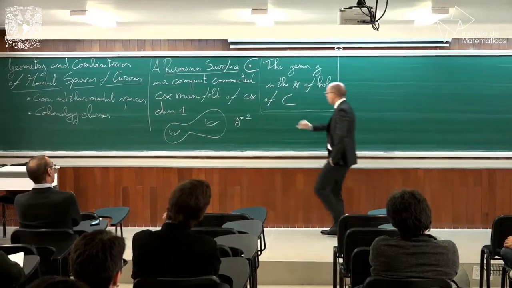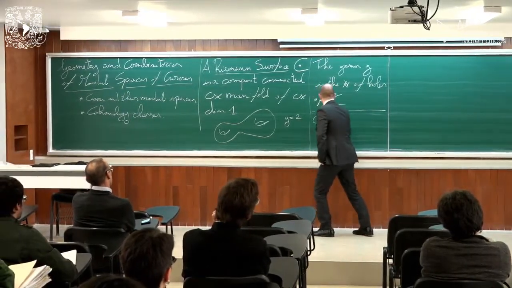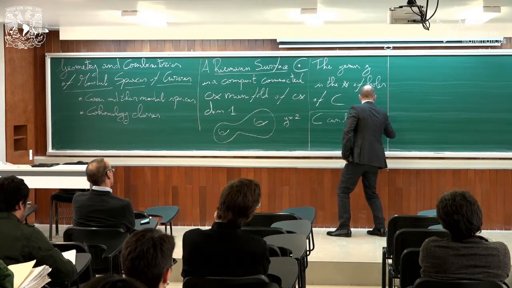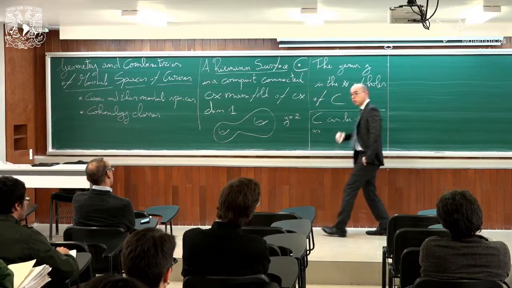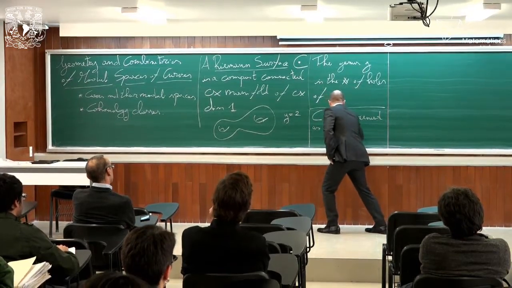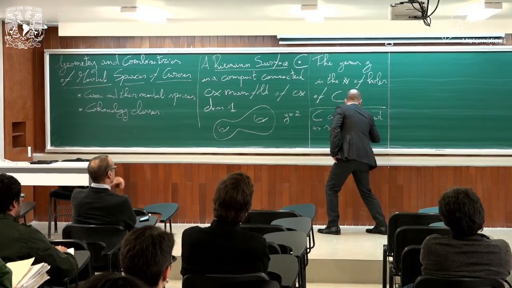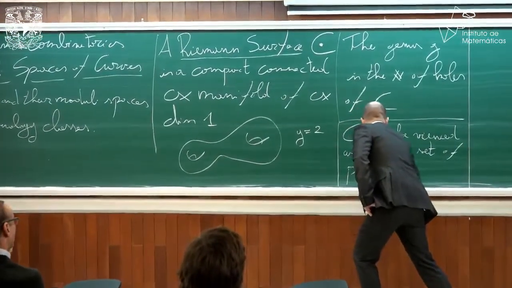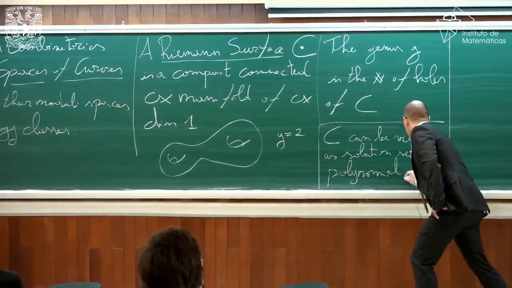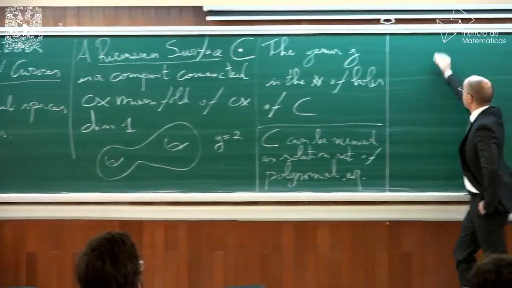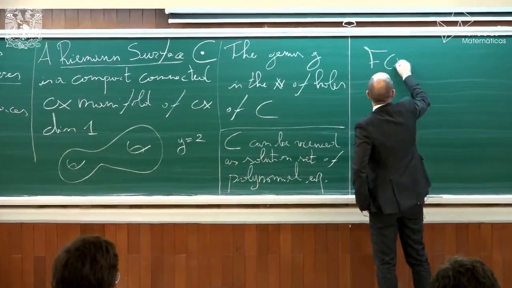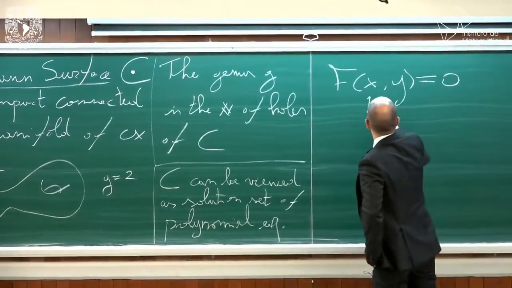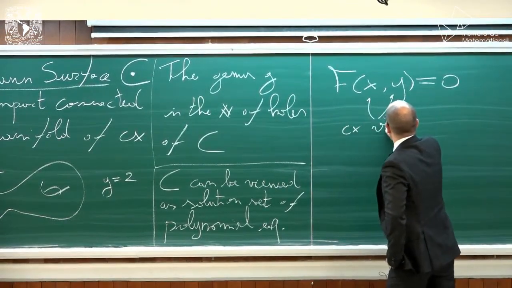Another way is that we can think about C as the solution set of a polynomial equation. You have an equation of this type, where x and y are complex variables.